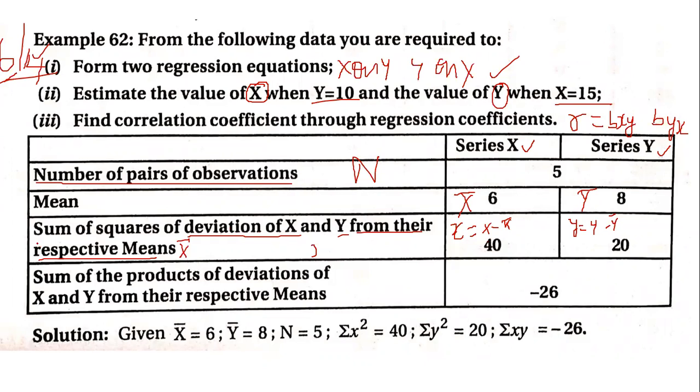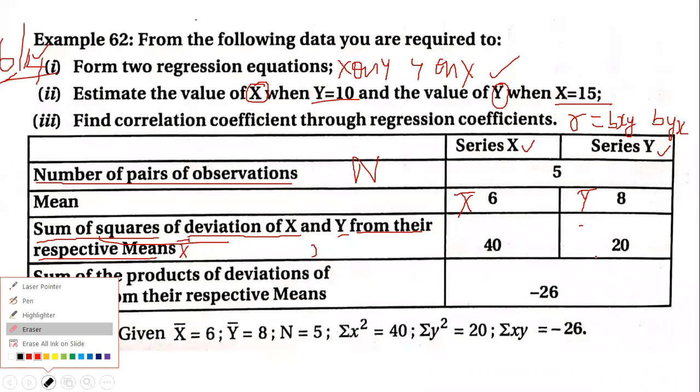Now, sum of squares. Sum means total of squares of deviations, which is nothing but sigma x square and sigma y square. Sigma x square and sigma y square is given to you. But when you read the sentence, you will find, what is this?